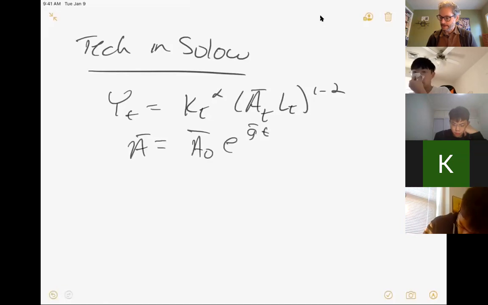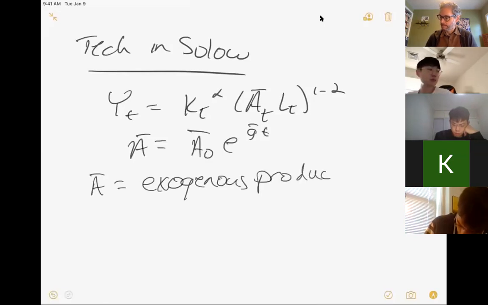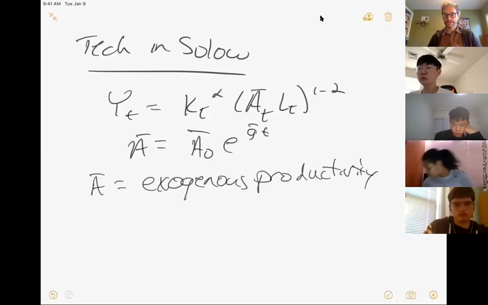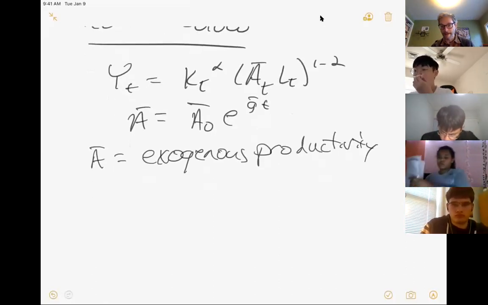So A here is exogenous productivity. Right? Exogenous productivity, or sometimes I'll refer to it as technology, right? It just comes to us. The Solow model has no explanation for why productivity occurs, but it happens, right?